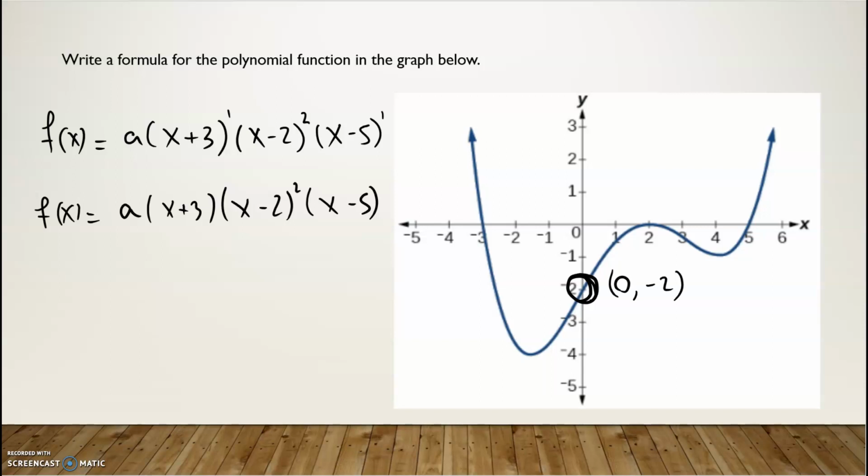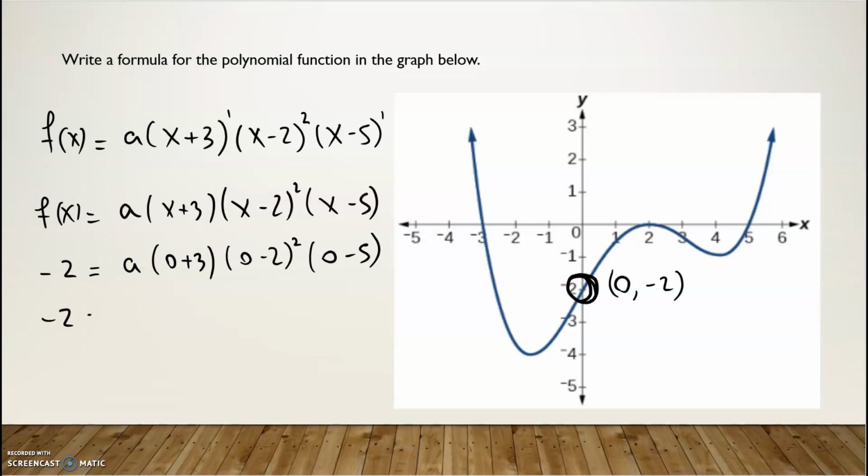And I'm going to plug that into my function here. So f of 0 is equal to a times 0 plus 3, 0 minus 2 squared, 0 minus 5. And f of 0 is really just y at 0, so that's -2.